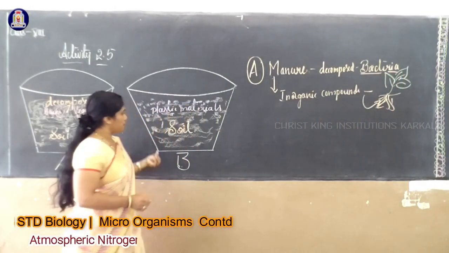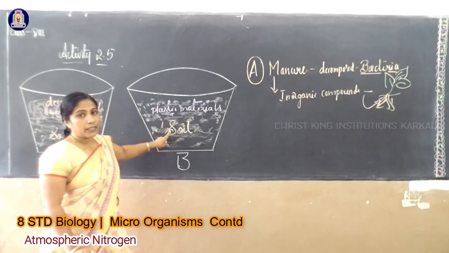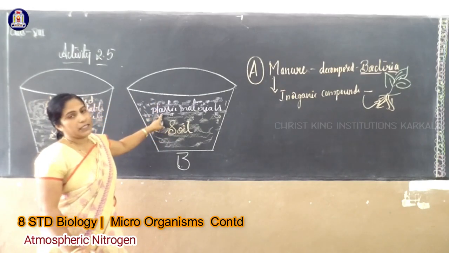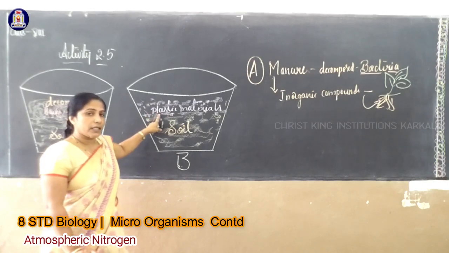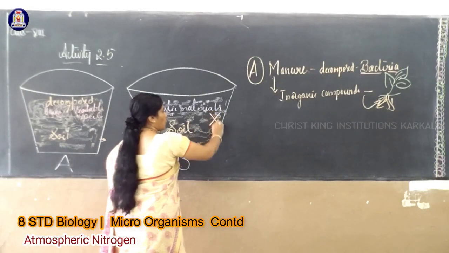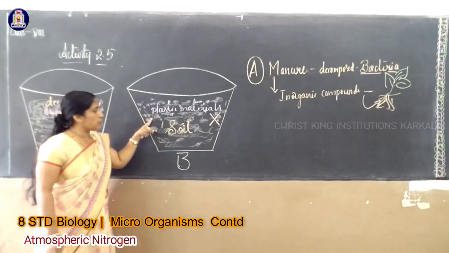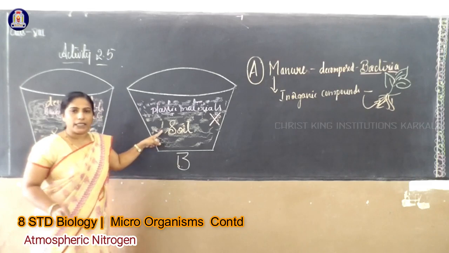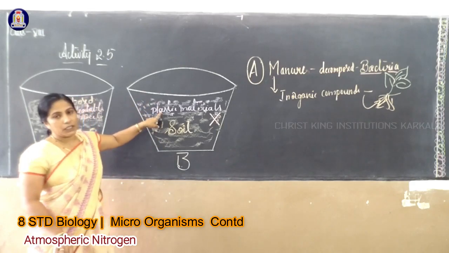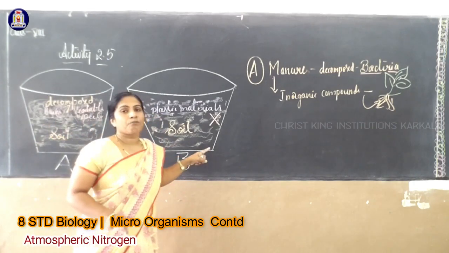In the second, what have we taken? Soil, plastic materials, polythenes, etc. Cover everything. So is it decomposed? No. The reason is, in the soil maybe bacteria is present, but the plastic materials will not be eaten by the bacteria.